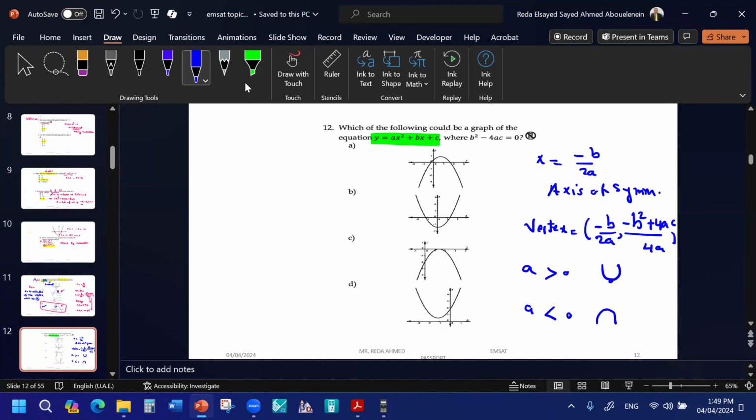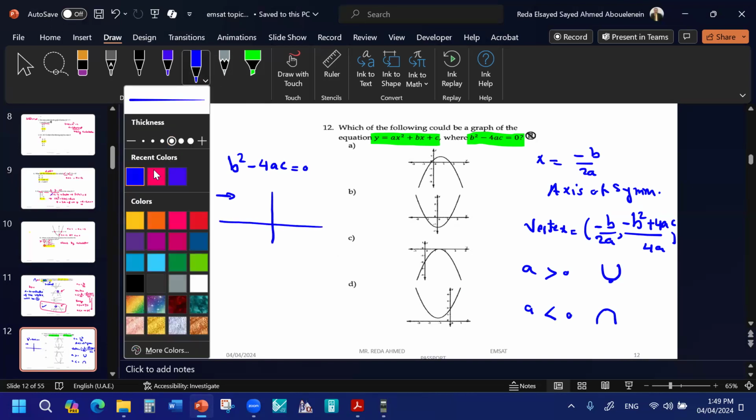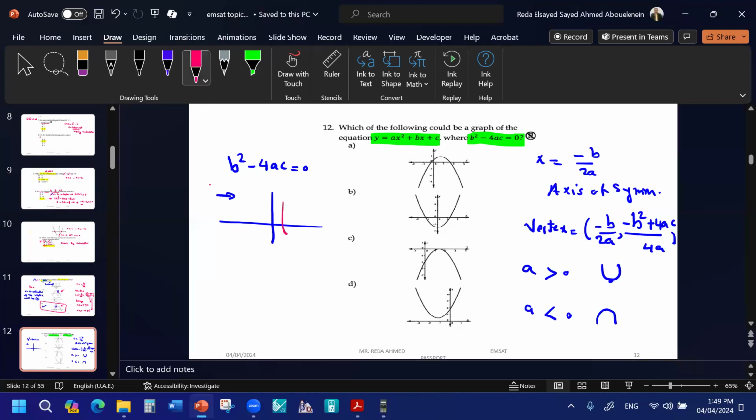Here, he is telling us b squared minus 4ac is 0. So the graph will be cutting the x-axis at one point. So we can look for this graph.